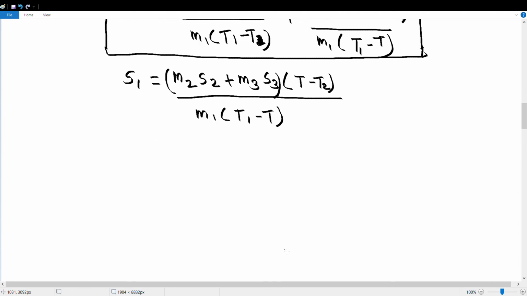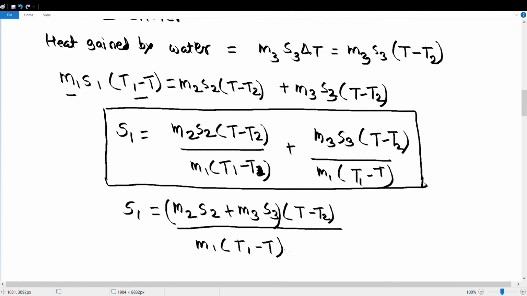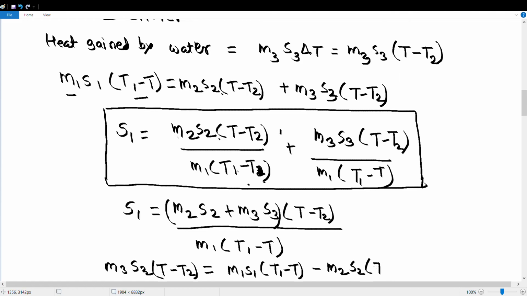Now we are interested to find the specific heat of water. What is the formula? This one is the formula. M3S3 T minus T2 is equal to M1S1 T1 minus T minus M2S2 T minus T2.